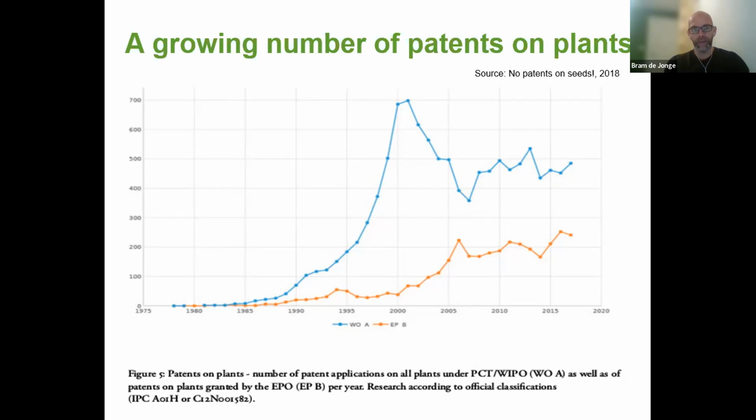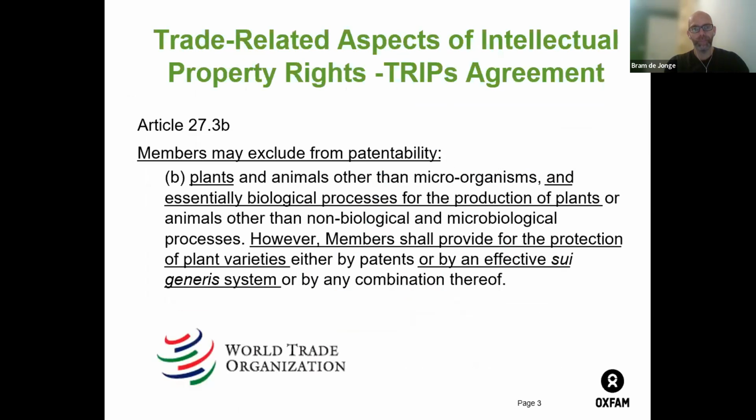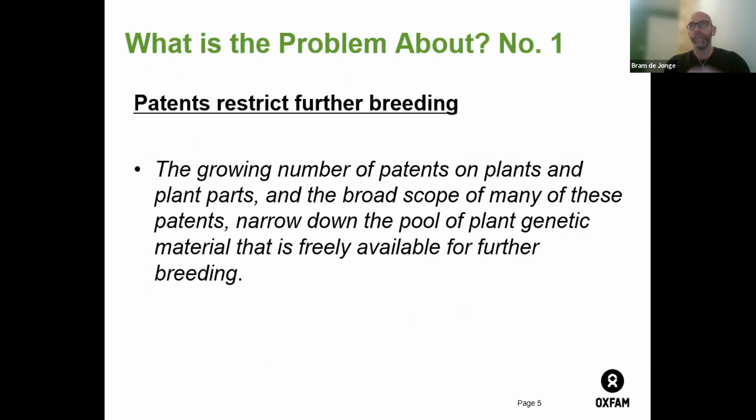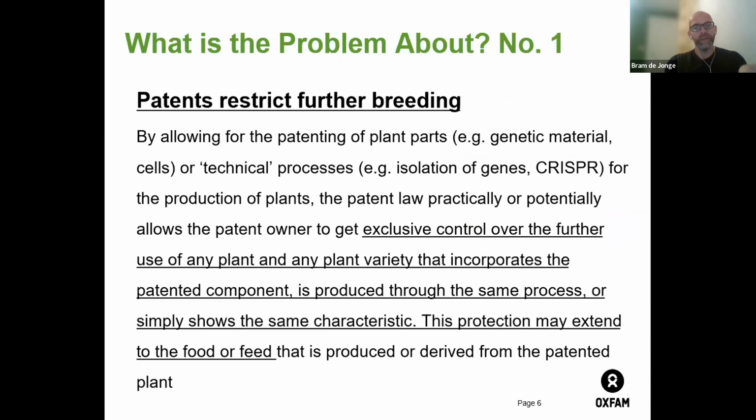And given the fact, as Correa explained, that each patent, by allowing for the patent of plant parts, be it the genetic material or technical processes for the production of plants, the patent law practically or potentially allows the patent owner to get exclusive control over the future use of any plant and any plant variety that incorporates the patented component, is produced through the same process, or simply shows the same characteristics.